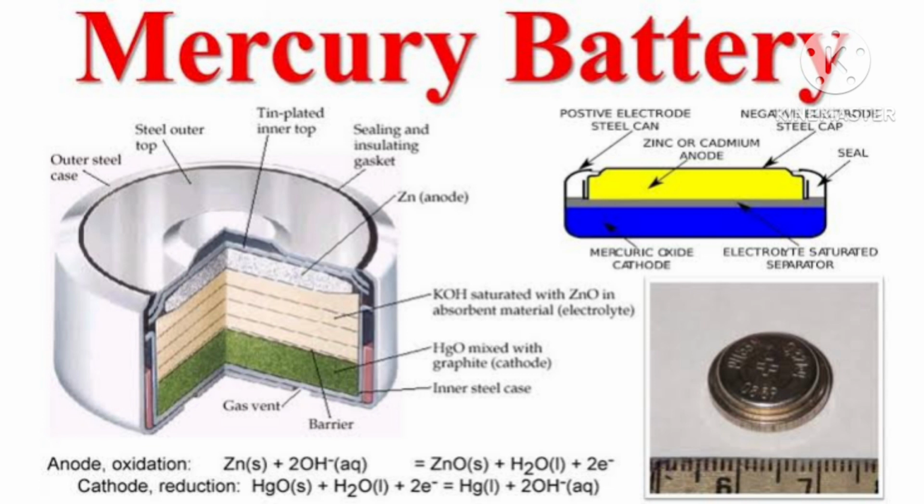First, a Zn container will be there, and one carbon rod, and surrounding the carbon rod, powdered MnO2 and carbon will be there. Also, a paste of ammonium chloride and zinc chloride will be there.